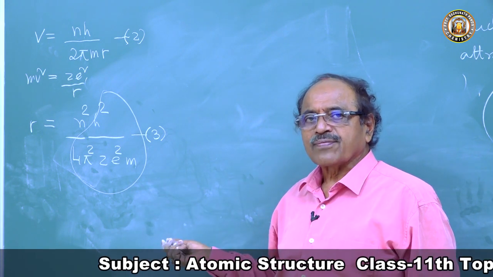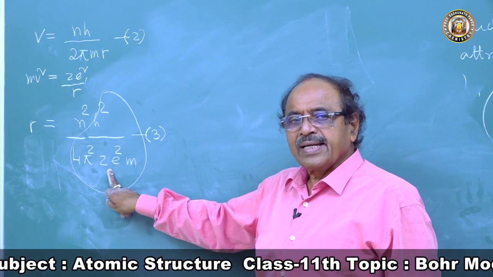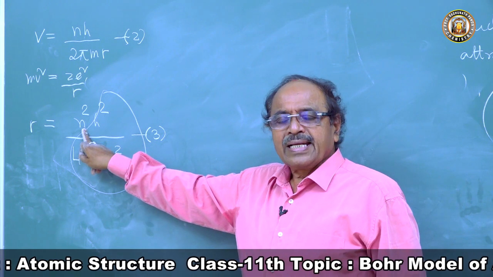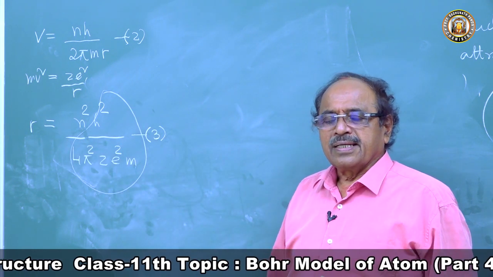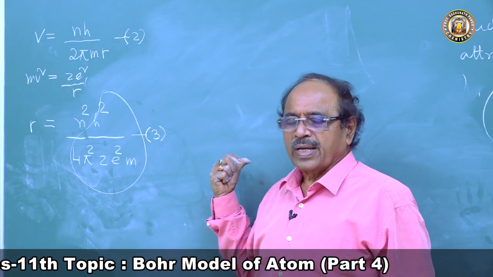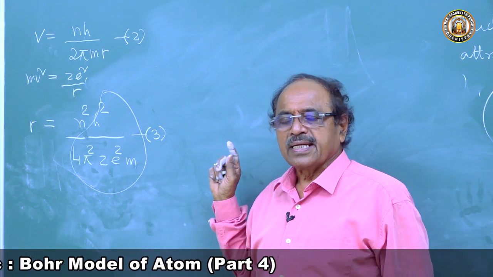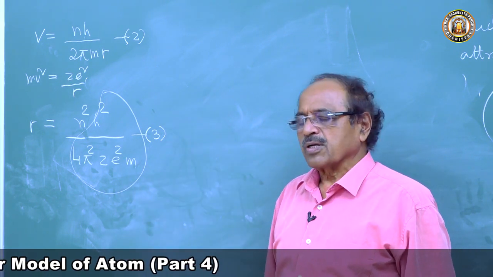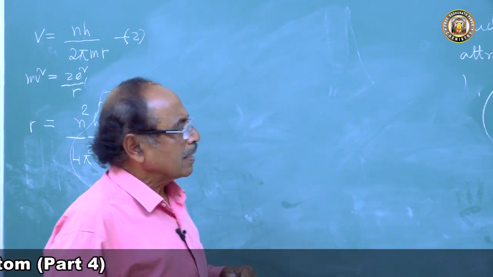Bohr calculated for the hydrogen atom, putting Z equal to 1 and n equal to 1, and the radius came as 0.529 into n square angstrom units. Taking n equal to 1, 0.529 angstrom is the Bohr radius, and the radius of different orbits can be calculated. Now, in this class, we will come to the energy of the electron.